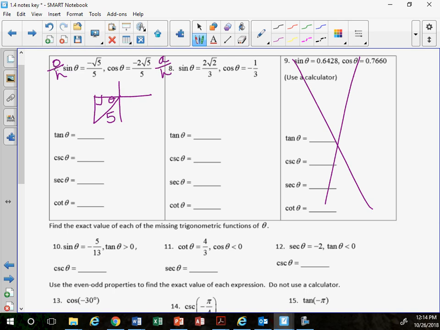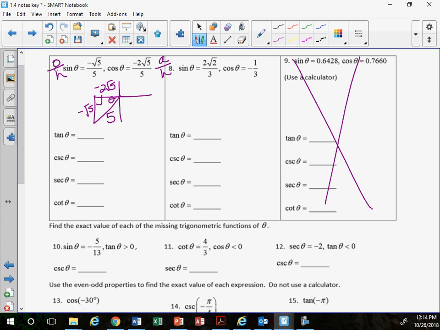So what is the opposite, the traveling down distance of my triangle? Good. What's the adjacent, or the x part of it? Very good.